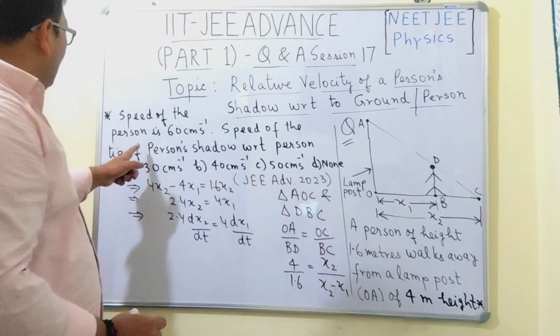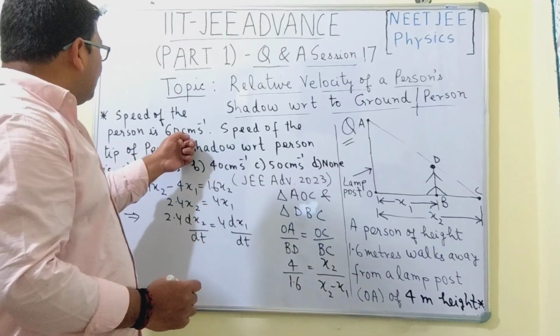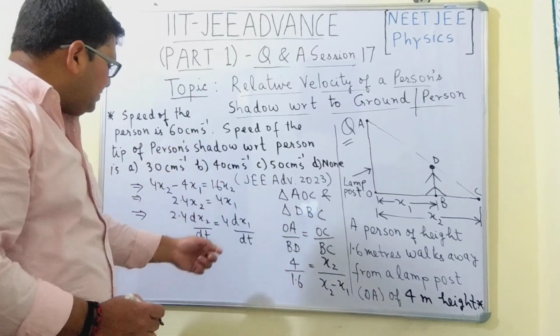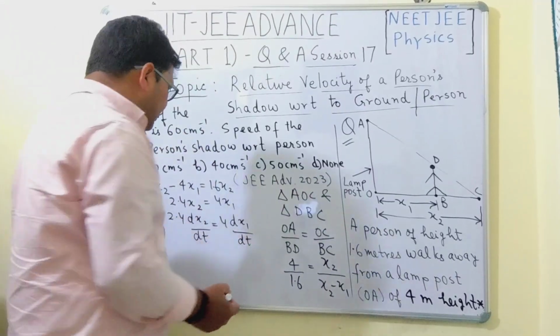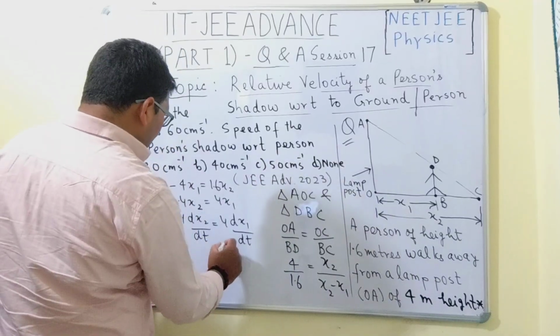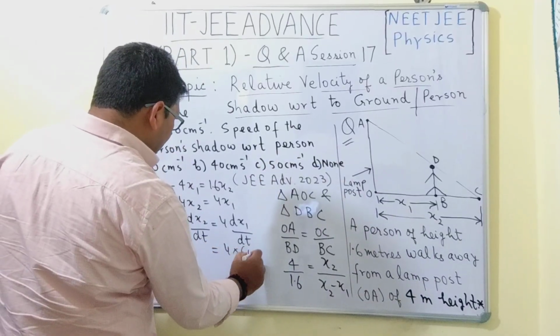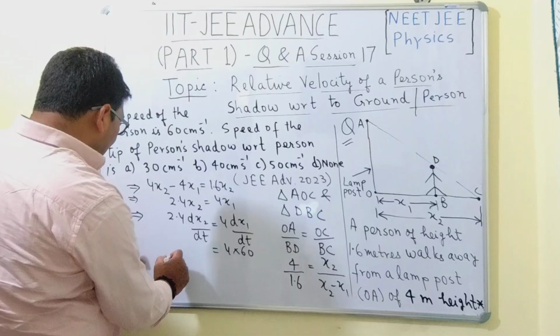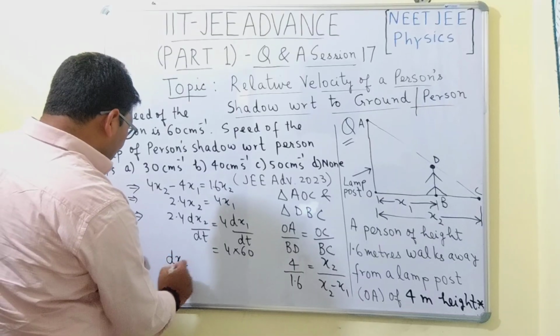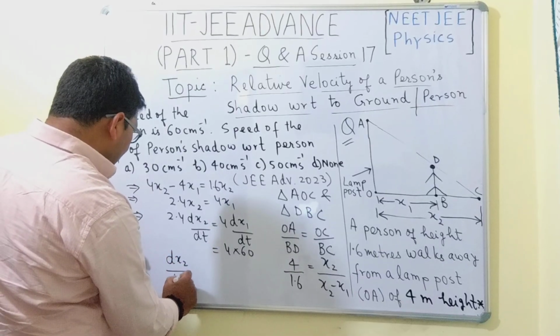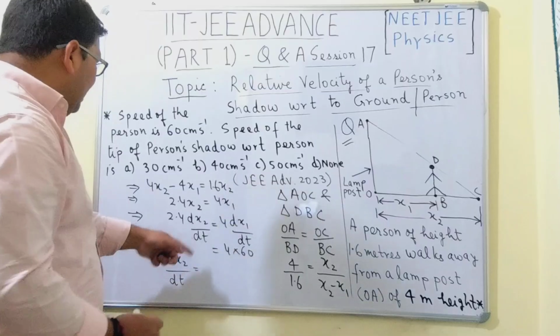Now the speed of the person is given to us as 60 centimeter per second, so dx1 upon dt will be equal to 60. So this is equal to 4 into 60, and from here the value of dx2 upon dt.